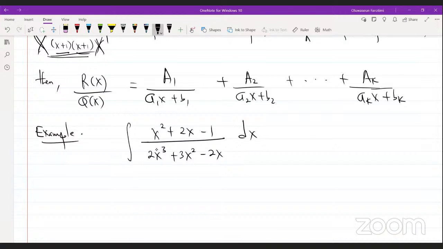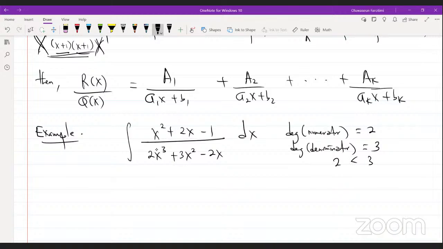Let me write degree of the numerator. What is the degree of the numerator? It's 2, right? What's the degree of the denominator? It's 3. Now, of course, 2 is less than 3.